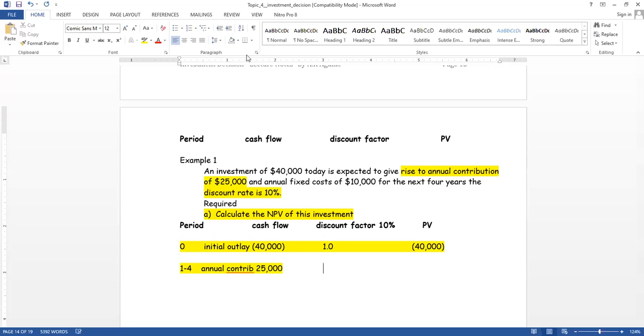Look for the 4-year annuity at 10%. 3.170.